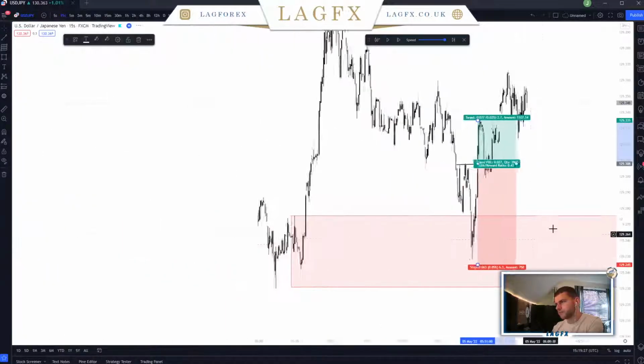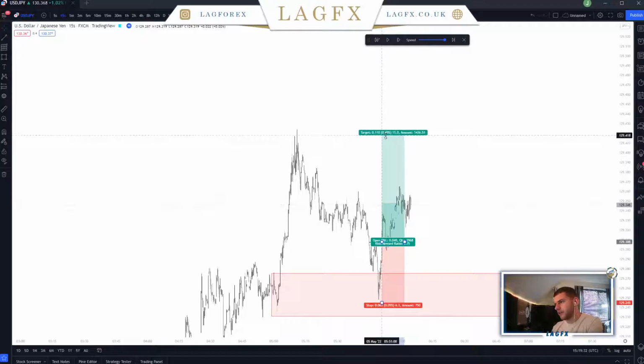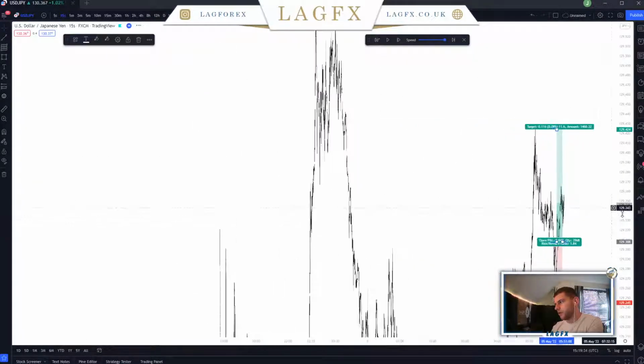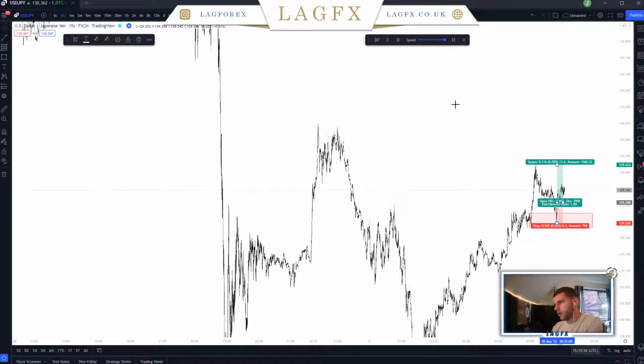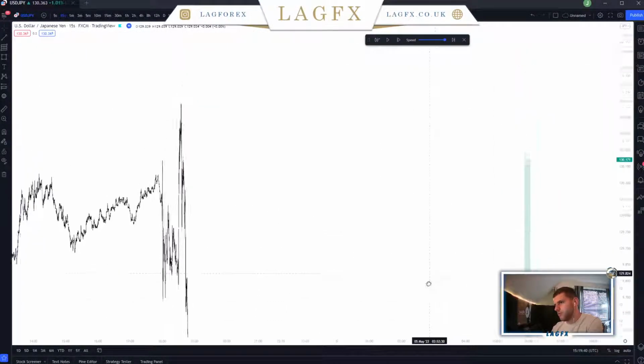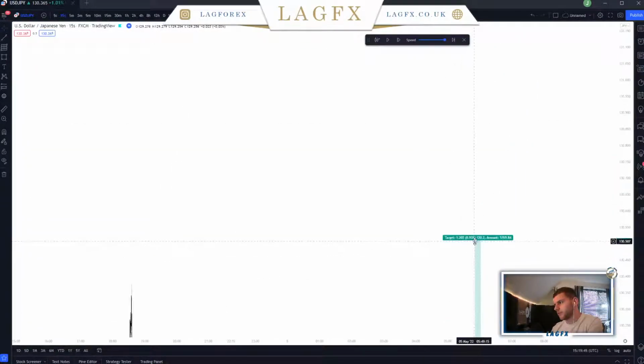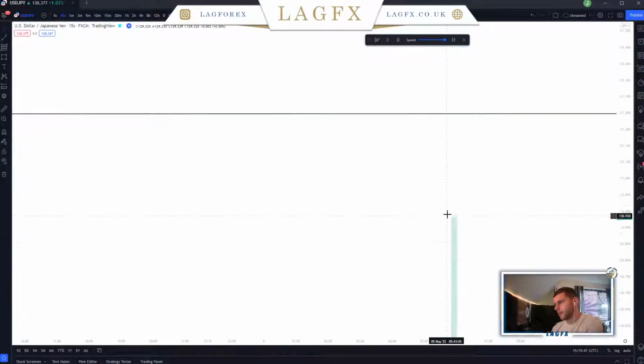Stop loss here. We would look to partial at this high, but then also have a take profit at the final target, which we already know is much higher up. Let's find where it is. All the way up to here.